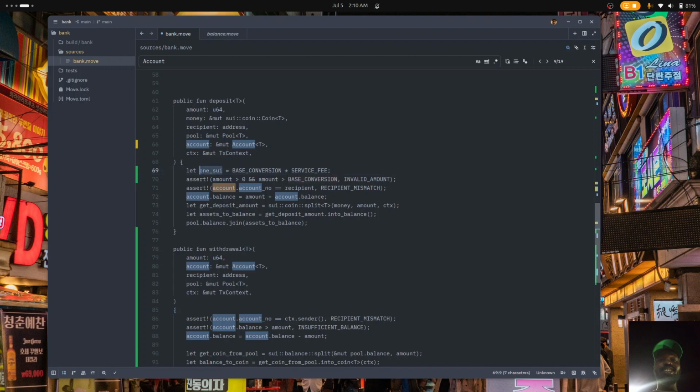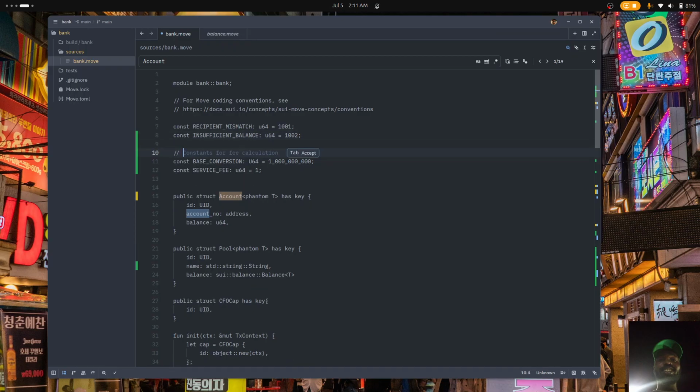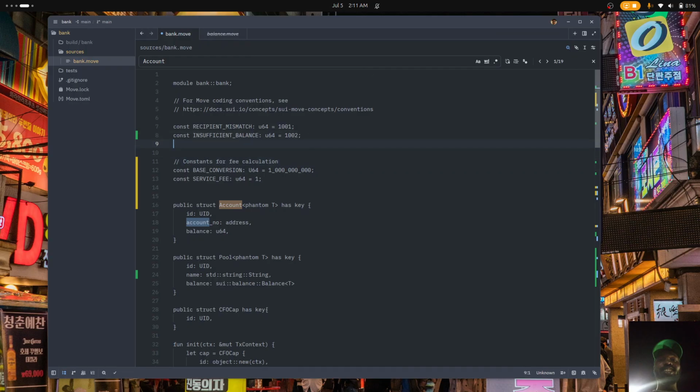So charges, so it has to be charges, valid amount, that is implemented.